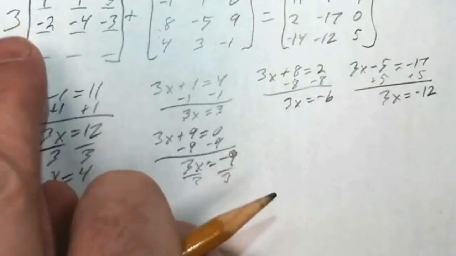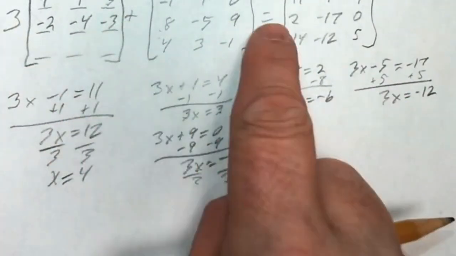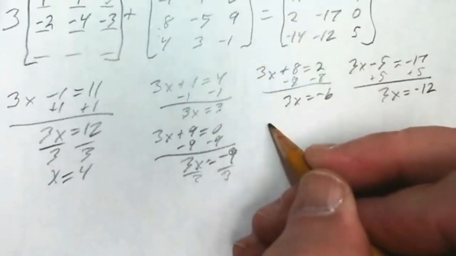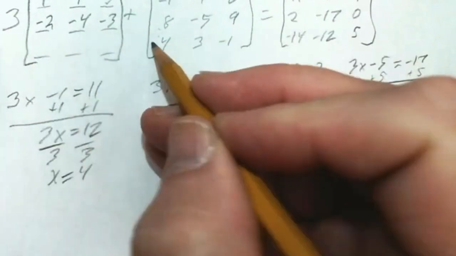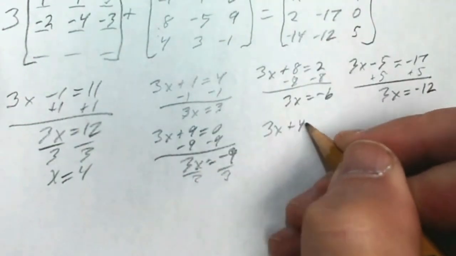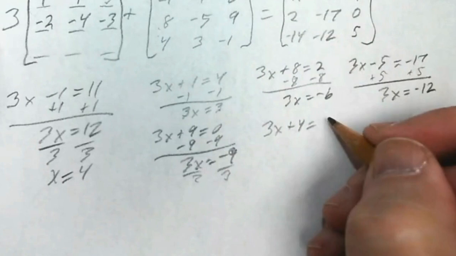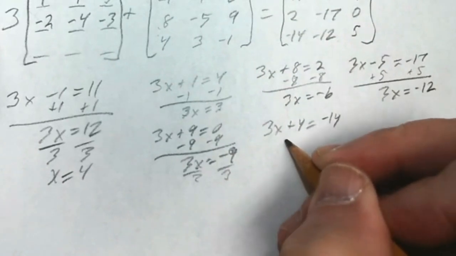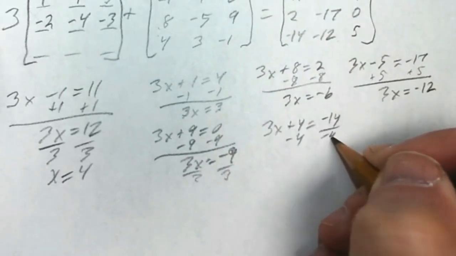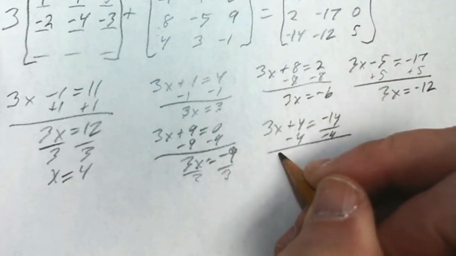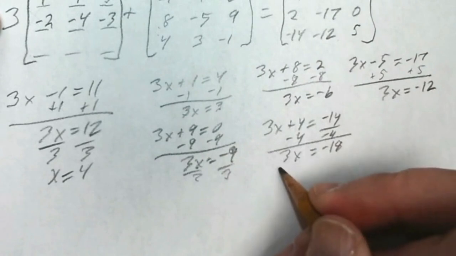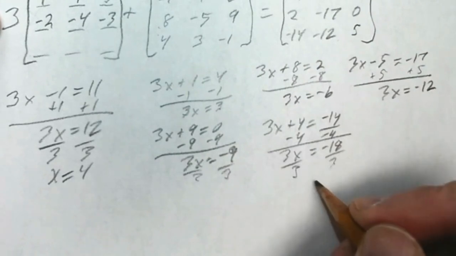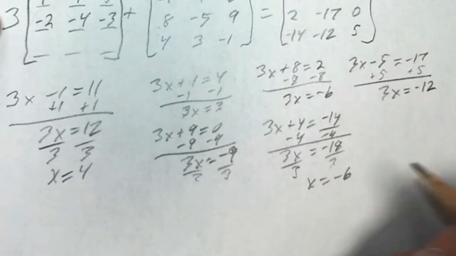All right, 3 times something plus 4 equals negative 14. 3x, I'm just going to call this x, 3x plus 4 equals negative 14. So subtract 4 from both sides. 3x equals negative 18. Divide by 3. X equals negative 6.